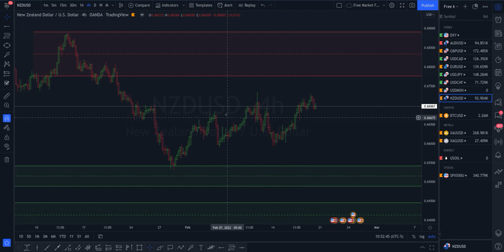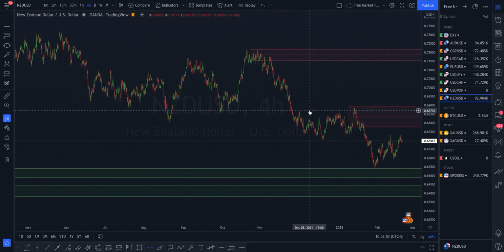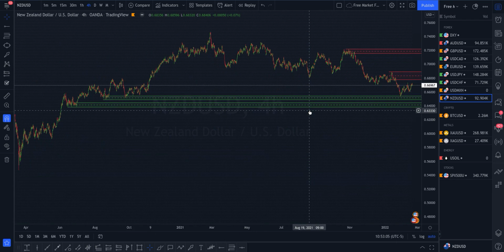Kind of been on an uptrend, except this high failed to be taken out, but this low has not been taken out yet. So we kind of ended things on a consolidation basis here on the NZD USD.